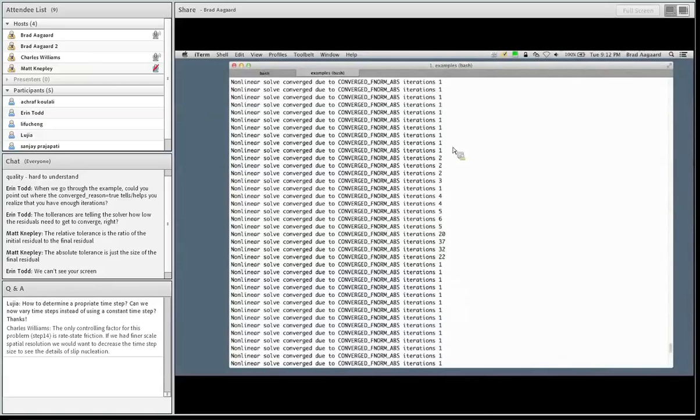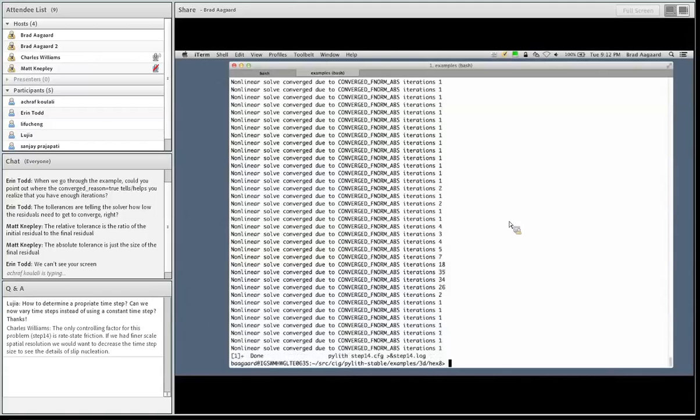We had our stick slip events. Notice that now with our greater tolerance for the nonlinear solver, we only took about 20 iterations, rather than, I think, before, 30 to 40 iterations. And we see we're done, so our nonlinear solver converged.